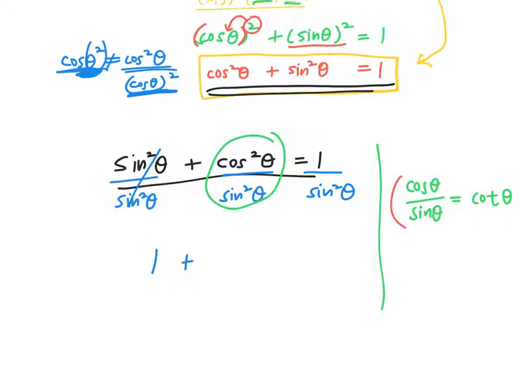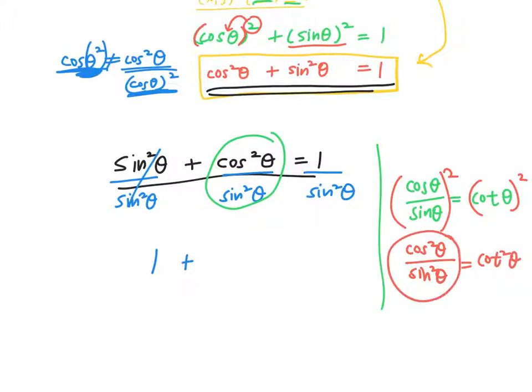If I square both sides, on the left-hand side I get cosine squared theta over sine squared theta, and on the right-hand side I get cotangent squared theta. So I can replace cosine squared theta over sine squared theta with cotangent squared theta.